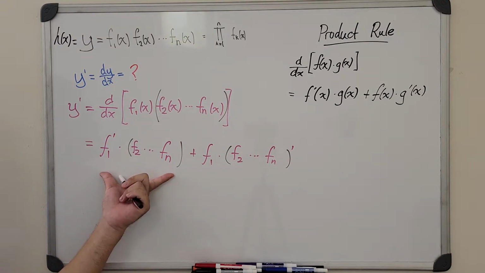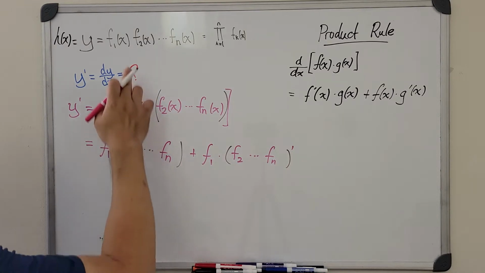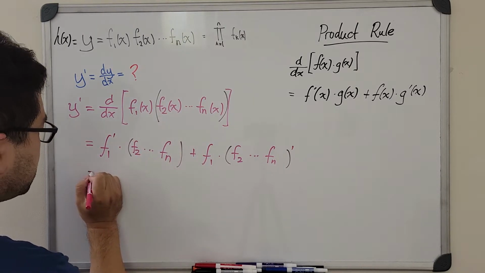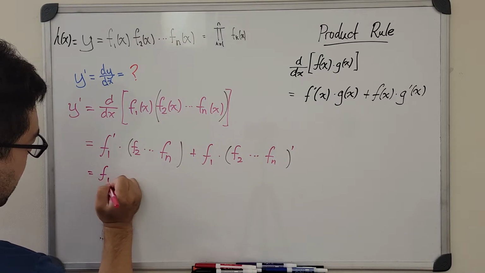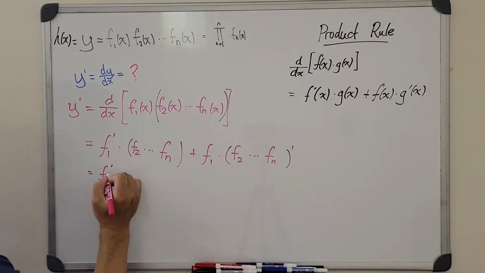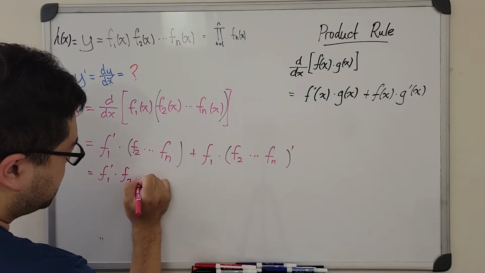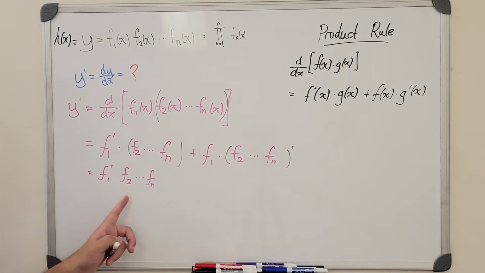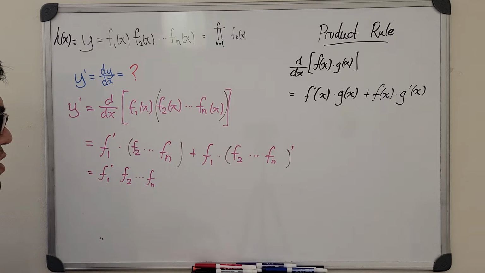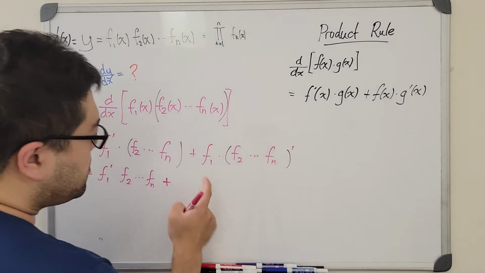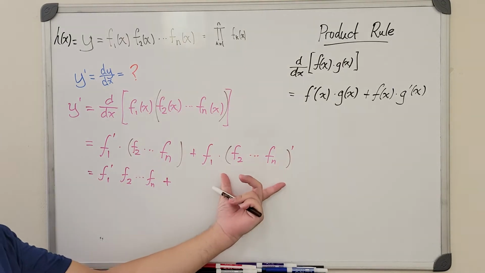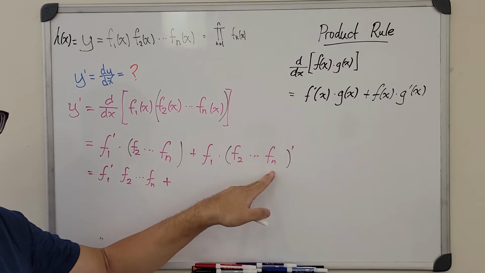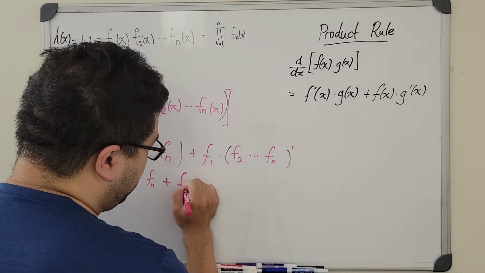Now we can figure out the first term, because these are all things we know and cannot simplify further. For the first part, we just have f1 prime times everything else as themselves without any prime: f2, f3, all the way up to fn. Then what should we do here? We use the product rule one more time on this product.